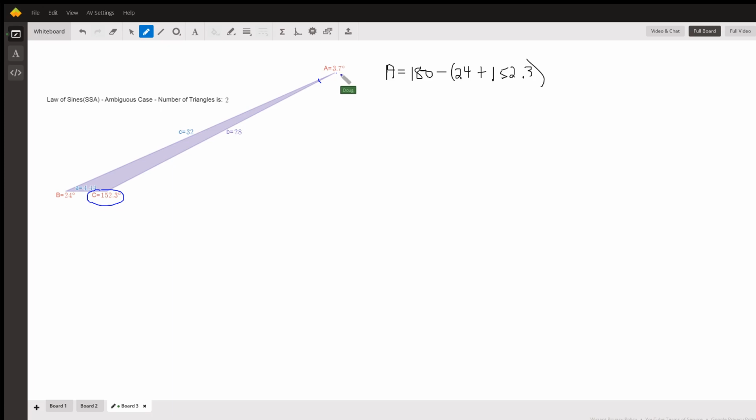And once you know that, you can solve for this missing side right here by saying, once again, 28 is to the sine of 24 as A, the side we don't know, is to the sine of 3.7.